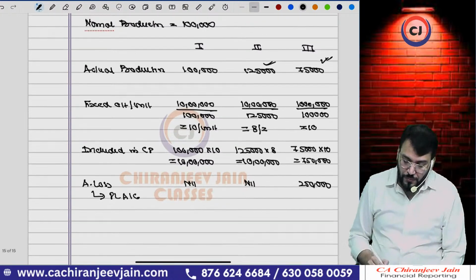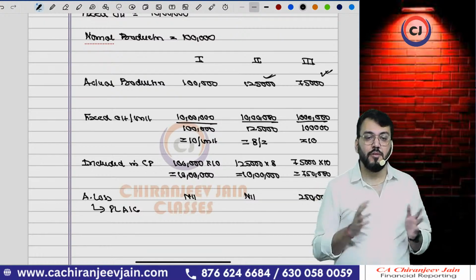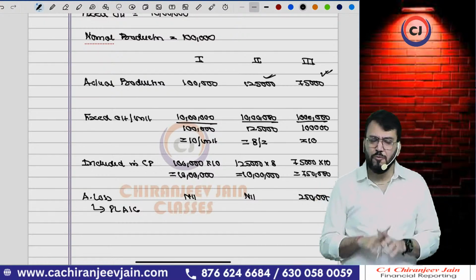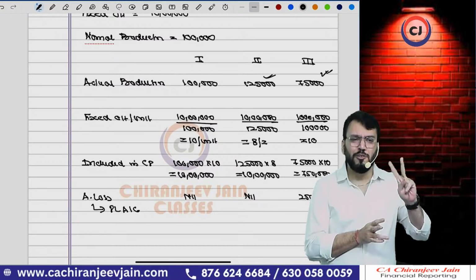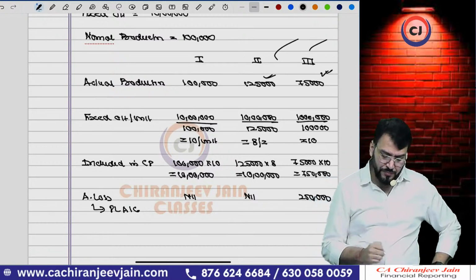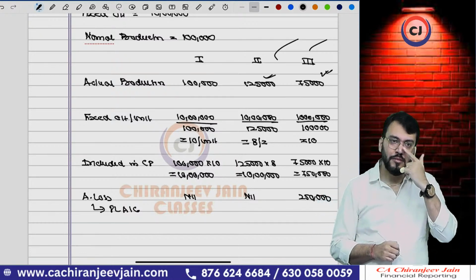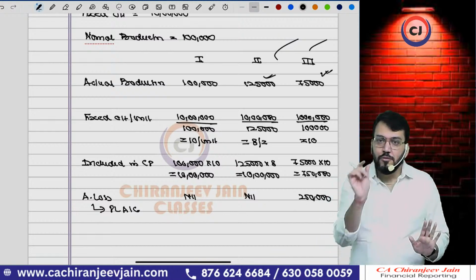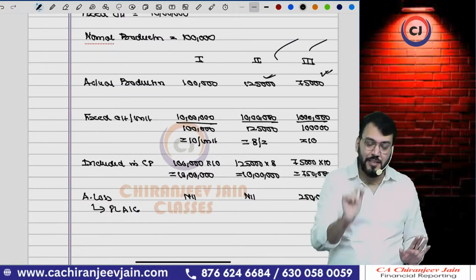Understood? The same question was asked in one of the CA final exams for 5 marks. They have given two situations, I think 2 and 3 in that. Easy. Now simple. You need to remember normal production or actual production, whichever is higher.